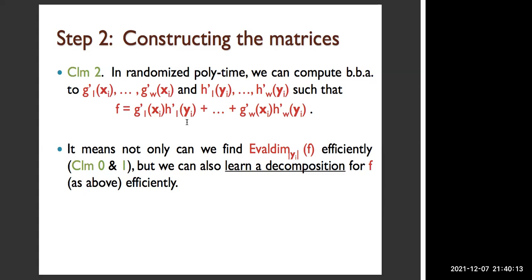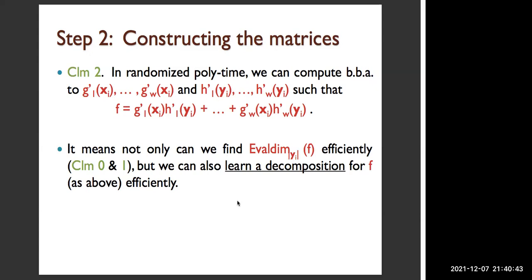It says that not only can you find the evaluation dimension, you can actually find this decomposition. You can write F as a sum of W products of Gi prime and Hi prime, where Gi depends only on the X variables and Hi depends only on the Y variables. And you can find black box access to these Gi primes and Hi primes.